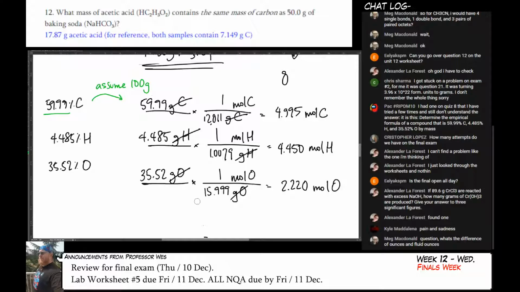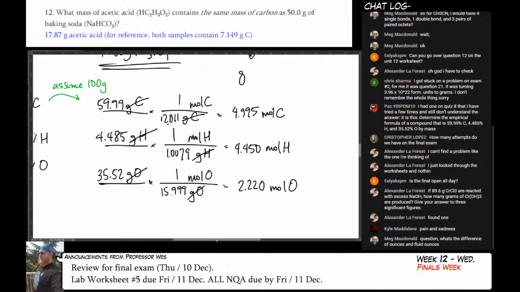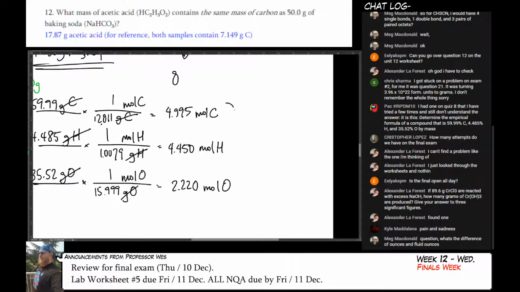All right, so now that we have all those moles there, we're going to take all these and make a formula. That's not the right formula. Hold on. C 4.995, H 4.450, O 2.220. And then we're going to divide by the smallest number, and we're going to see where that takes us.